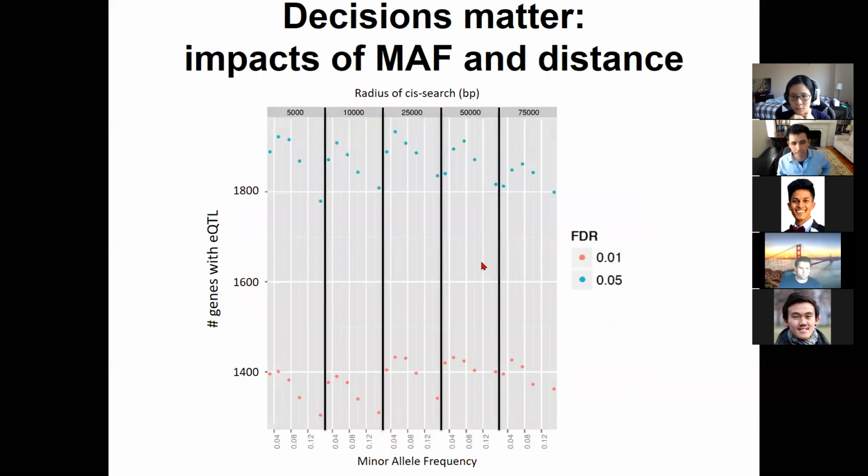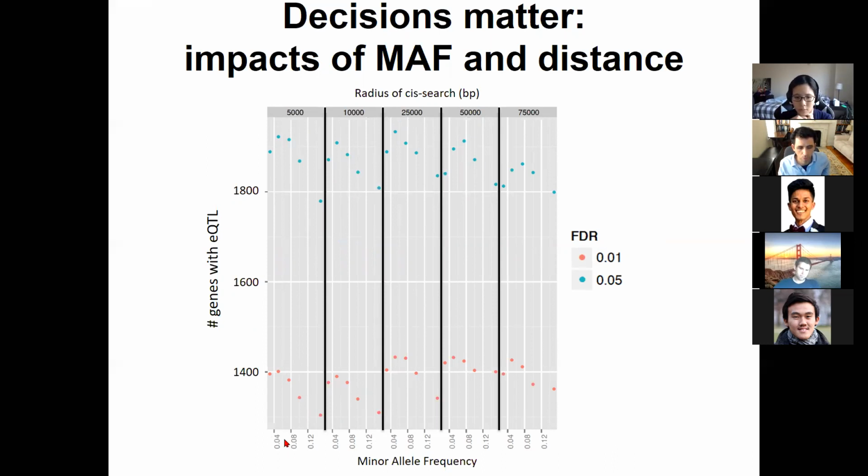So depending on each of those decisions, you can ask, how many genes do I find that have an eQTL controlling them? So deciding whether you use an FDR of 0.01 or 0.05, you can basically see there are many more false positives here, but of course, many more discoveries as well. That's number one. But then, regardless of what FDR you're using, you can ask, what is my minor allele frequency?